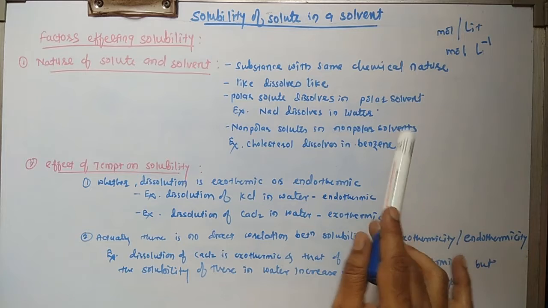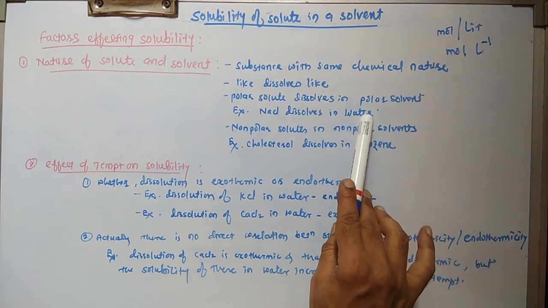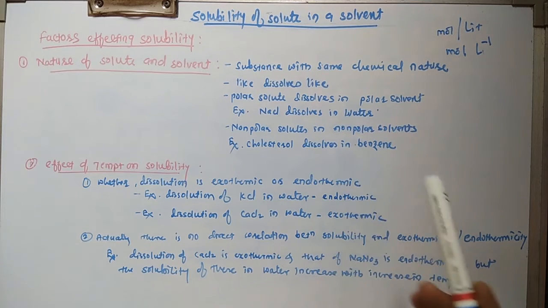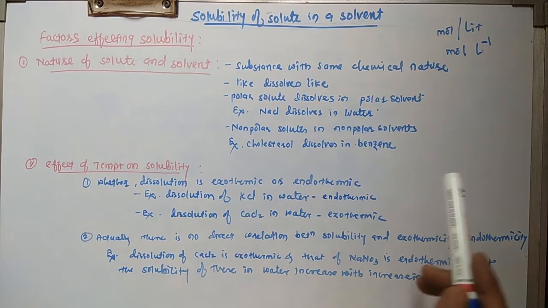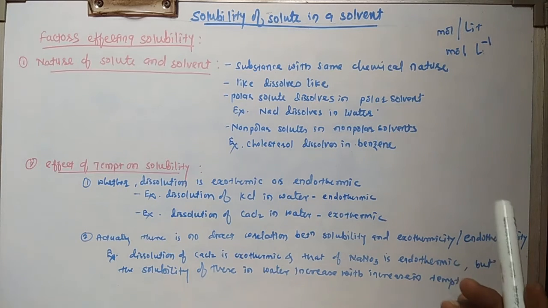Now see, sodium chloride dissolves in water because of the strong ion-dipole interactions of Na+ and Cl- ions with the water molecules, and because of that hydrogen bonding forms between the molecules and the ions, which makes the dissolution easy.